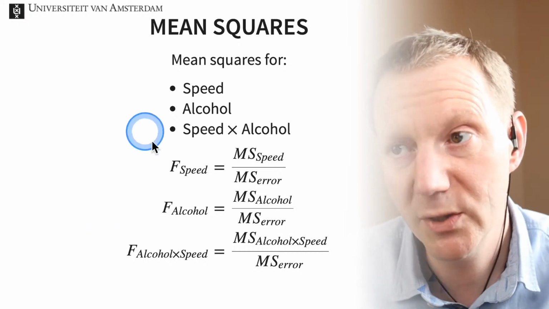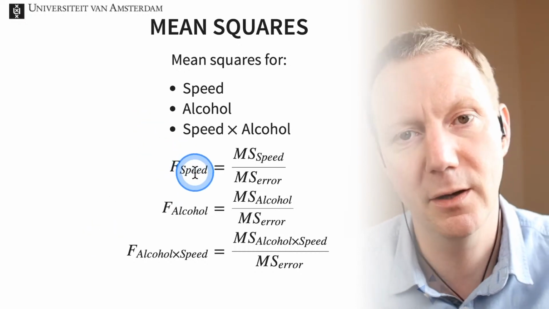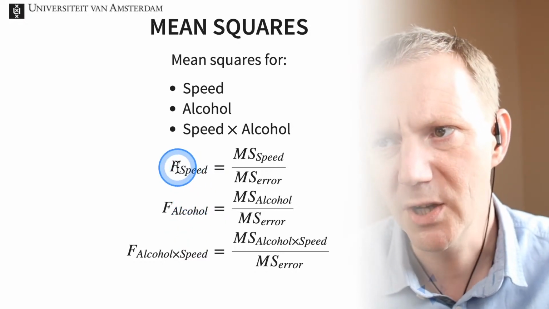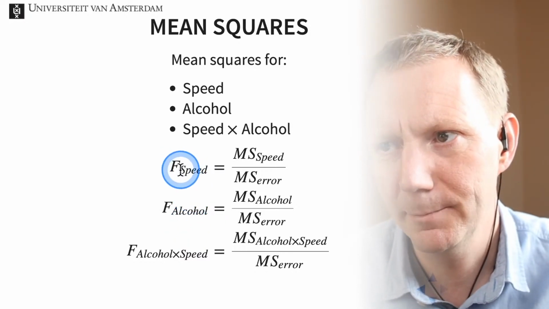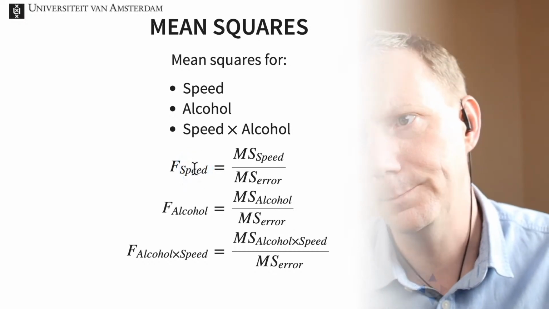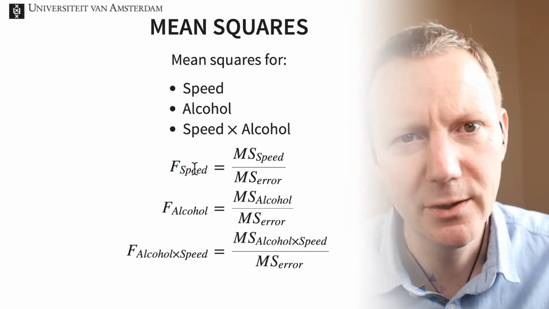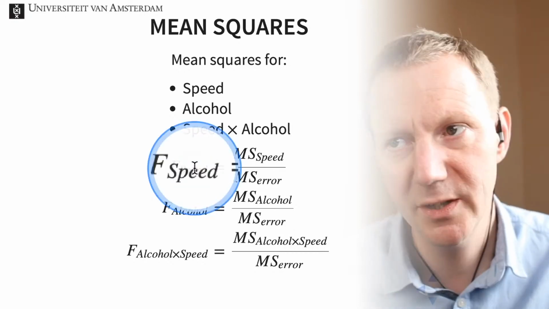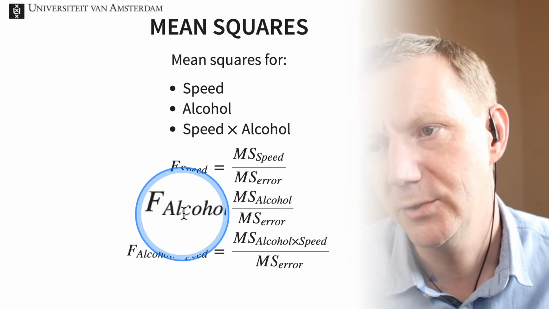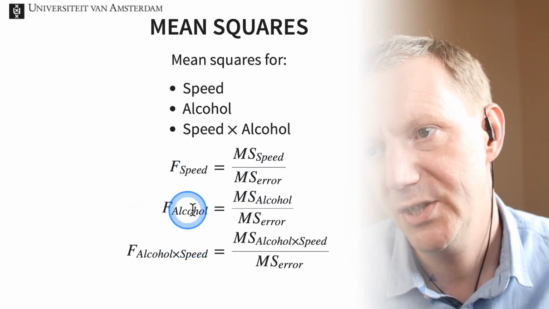First, of course, you want to know if there is a main effect of the independent variables on their own. So essentially, what is the effect of speed? What is the signal to noise ratio for the speed condition? And what is the signal to noise ratio of the alcohol condition?